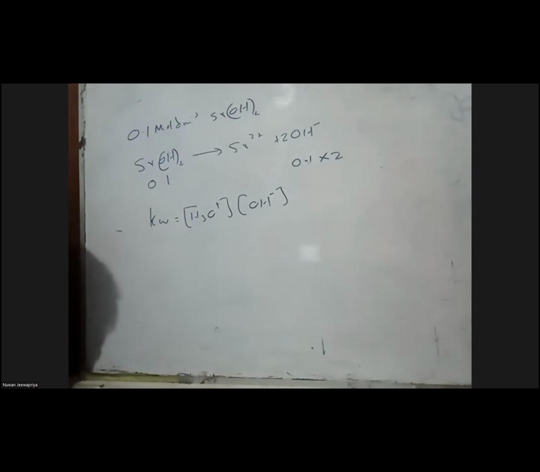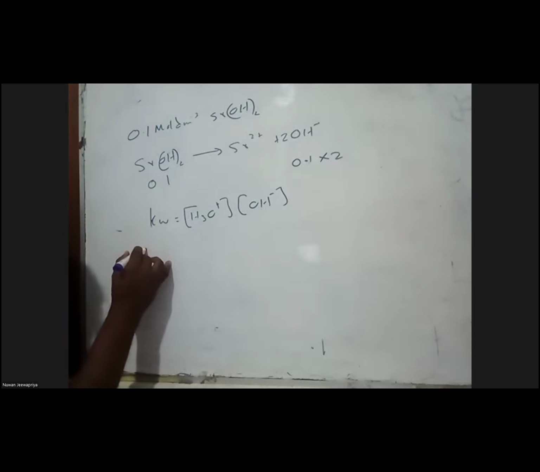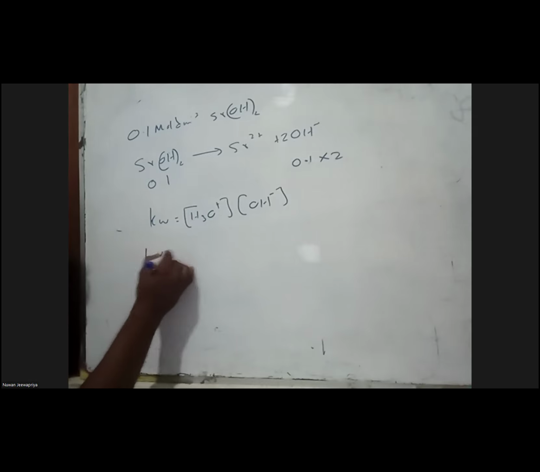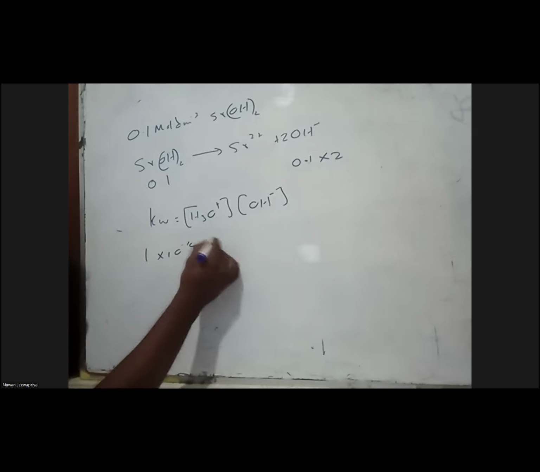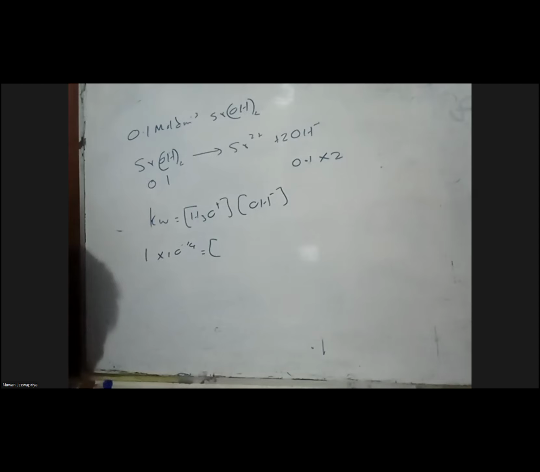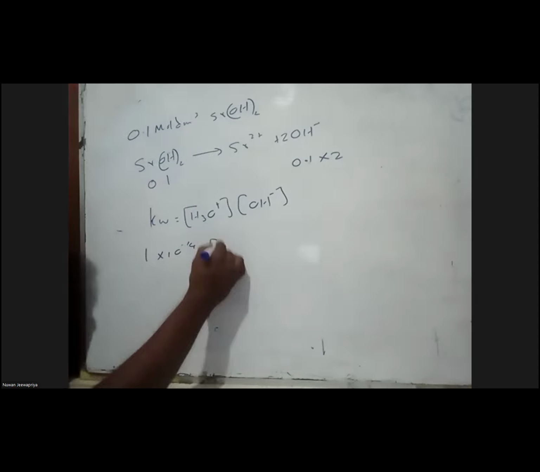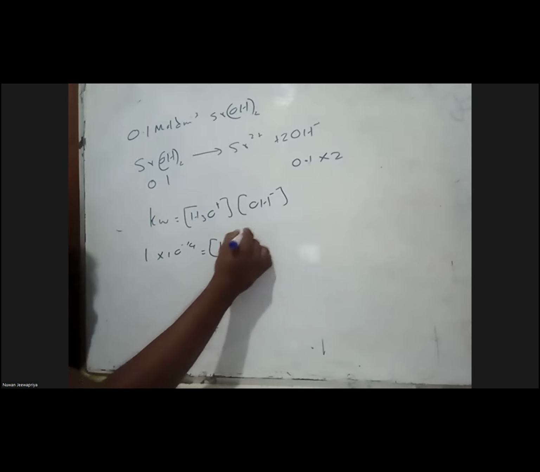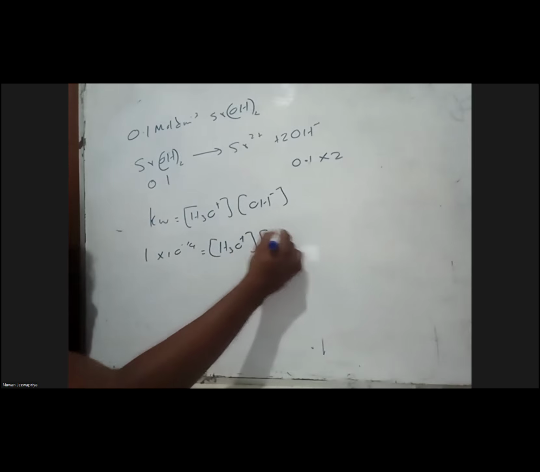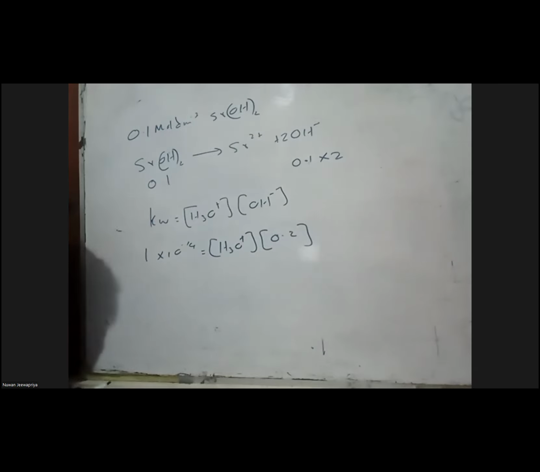And the Kw is 1 into 10 to the power minus 14, which is equal to H3O plus concentration into OH minus concentration. What is the H3O plus concentration? We don't know that. That's what we want to find. And OH minus concentration is 0.2.